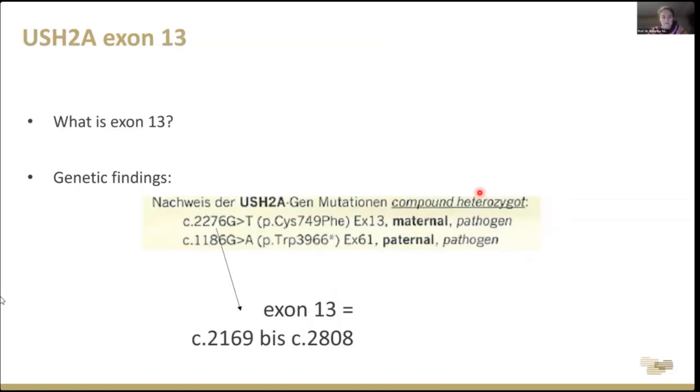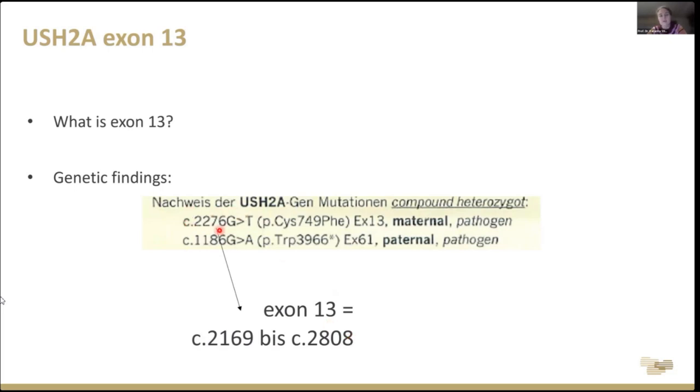Last but not least, if you ask yourself what exactly is exon 13, then you can find this in your genetic report. Exon 13 spreads from the c.2169 point of the genetic information until c.2808. Any mutation which is in between these borders can be considered as an exon 13 mutation.